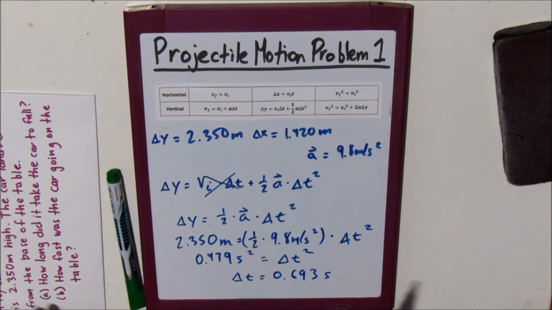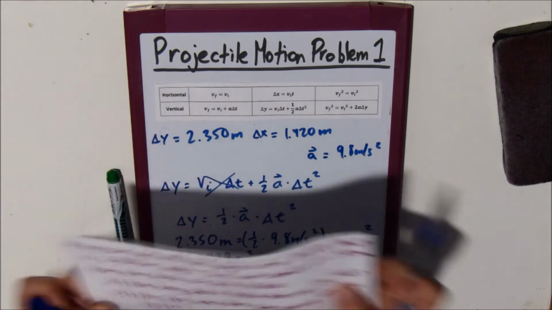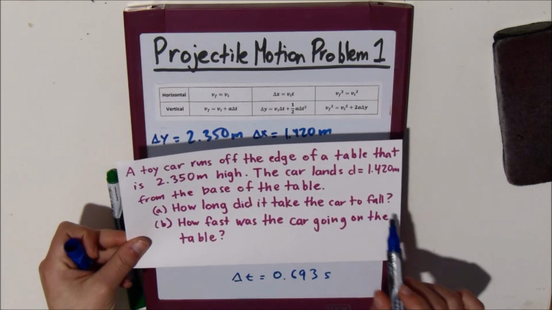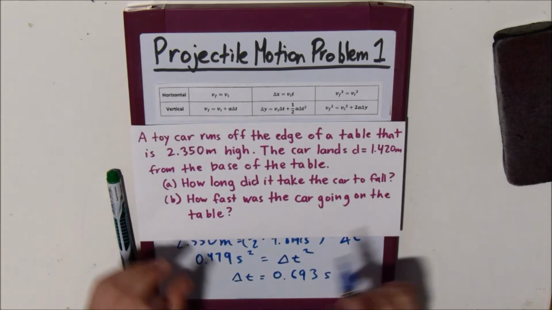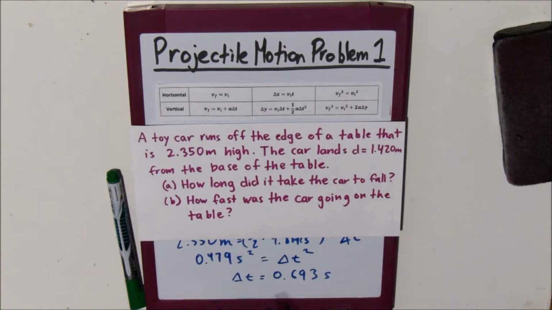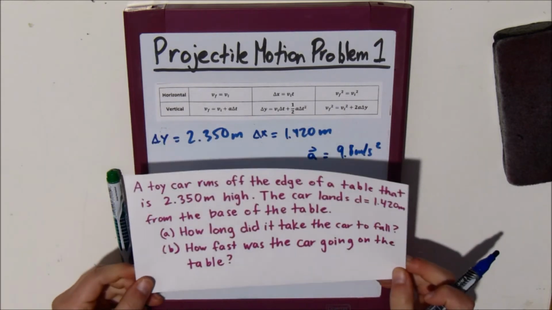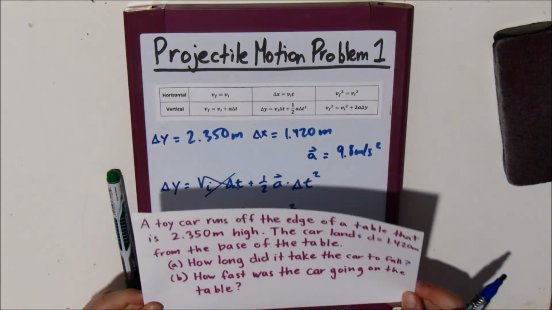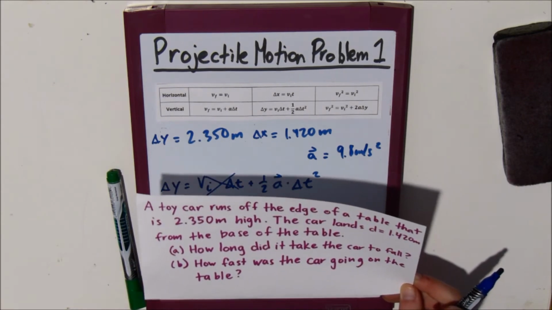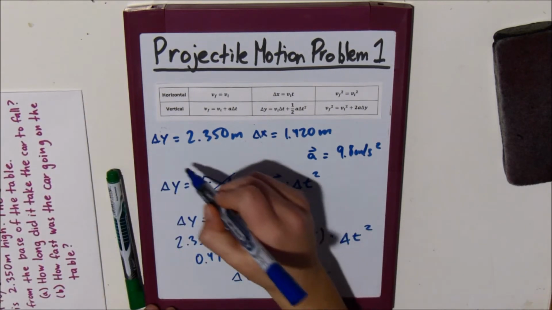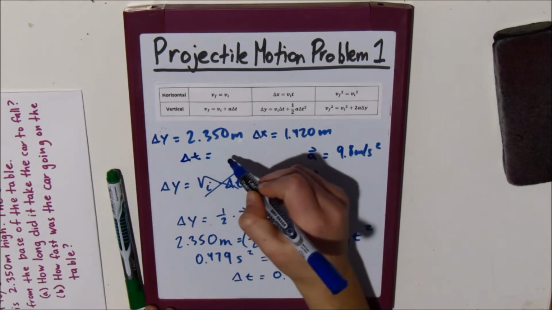So now that we know that, we've solved A. How long does it take for the car to fall? And now we can use the information we found from the first part of the problem to solve for the second part, which is why it's pretty important to solve these problems carefully, so that if you mess up the first one, you don't mess up the second one too, right? So, add that to our list of known values.